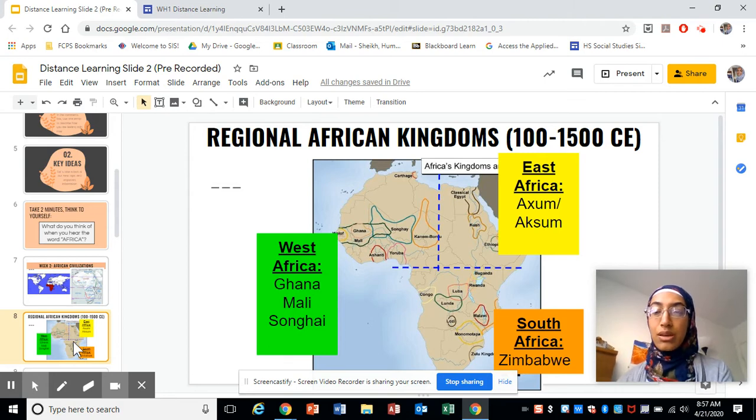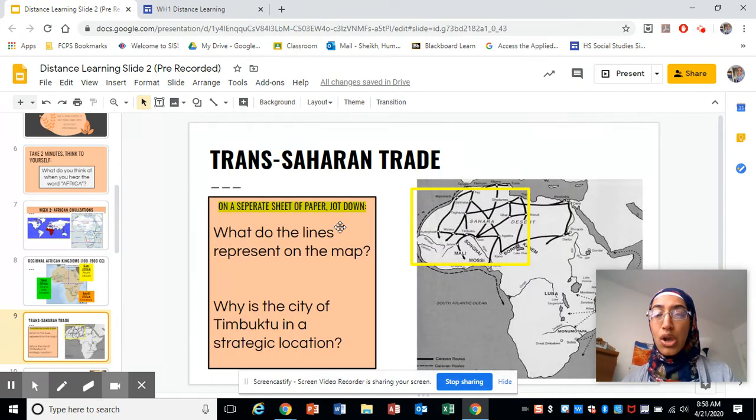The kingdoms we're going to focus on are the West African kingdoms located here of Ghana, Mali, and Songhai, the East African kingdom of Aksum in Ethiopia, and the Southern Kingdom of Zimbabwe. When you watch the video, these kingdoms all existed between 100 and 1500 CE. They all also conducted trade along the Sahara Desert.